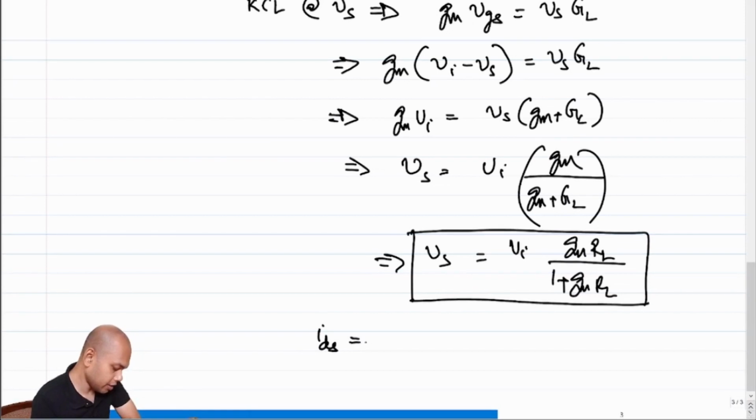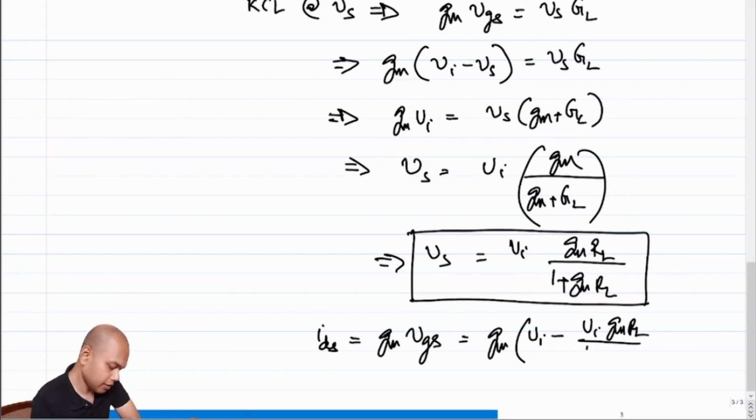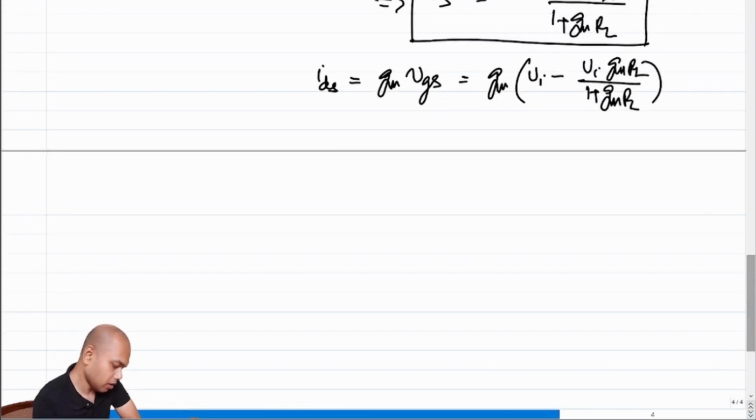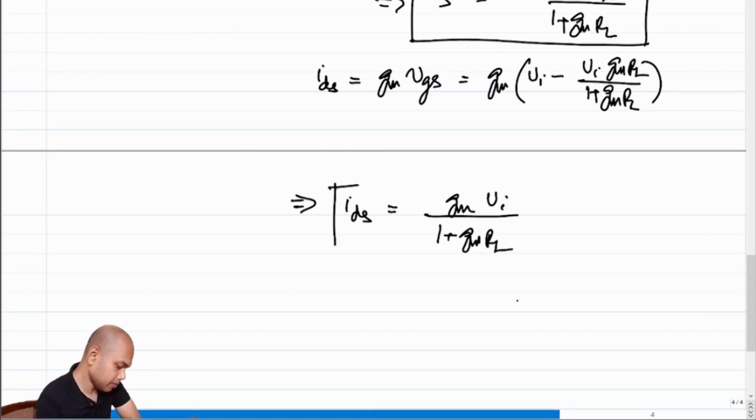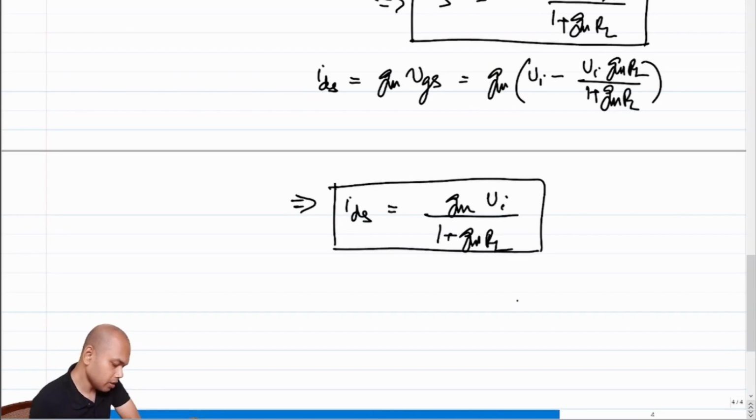So IDS incremental is Gm times VGS, which is Gm times Vg minus Vs, which is Vi minus Vi times Gm RL by 1 plus Gm RL, which means IDS is equal to Gm times Vi by 1 plus Gm RL.